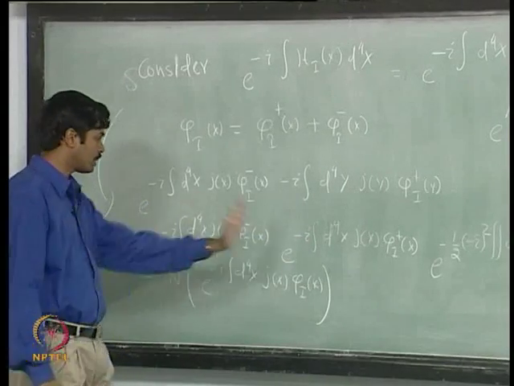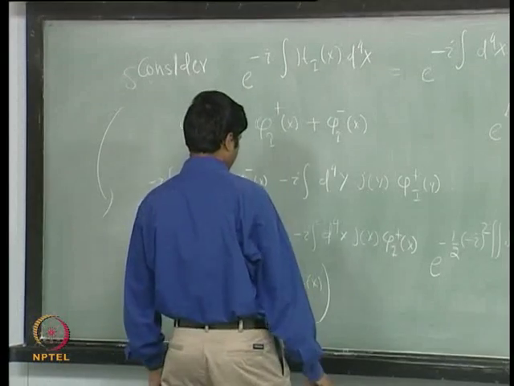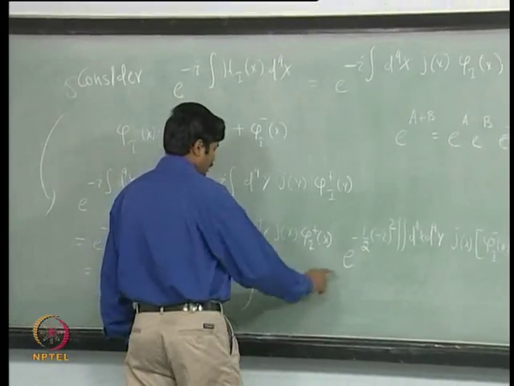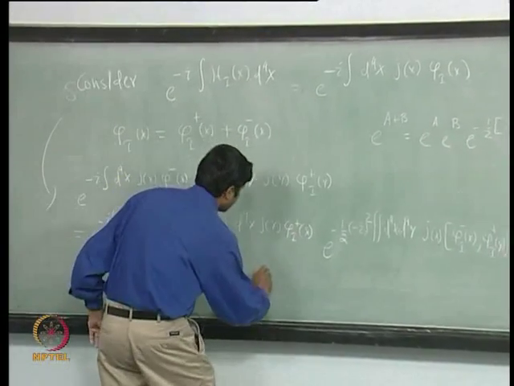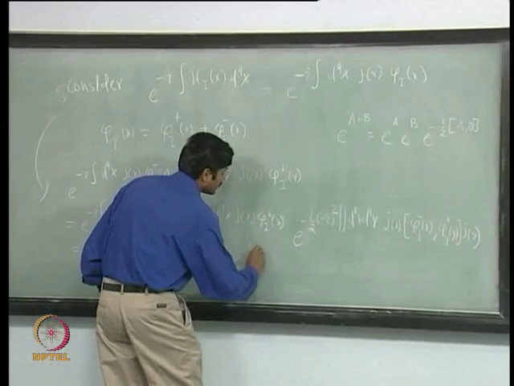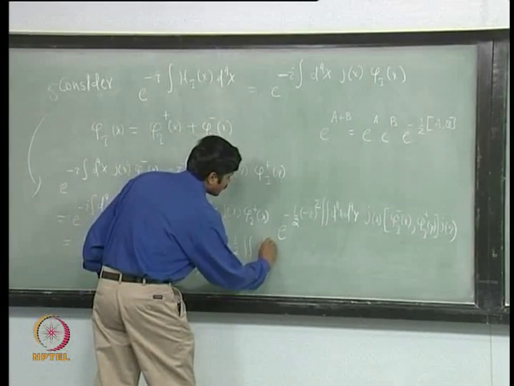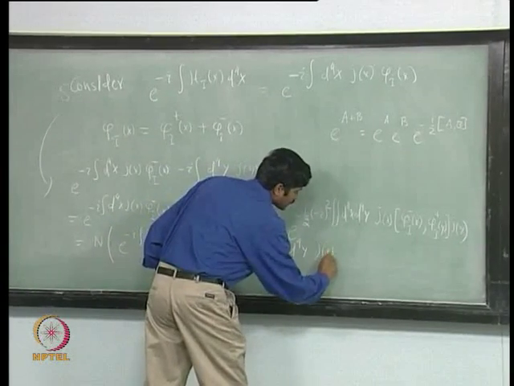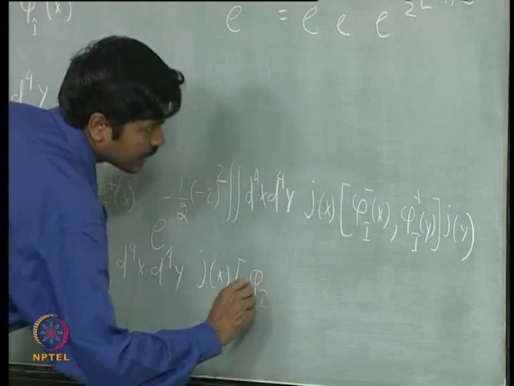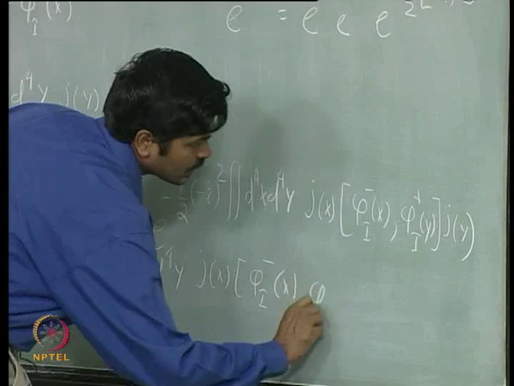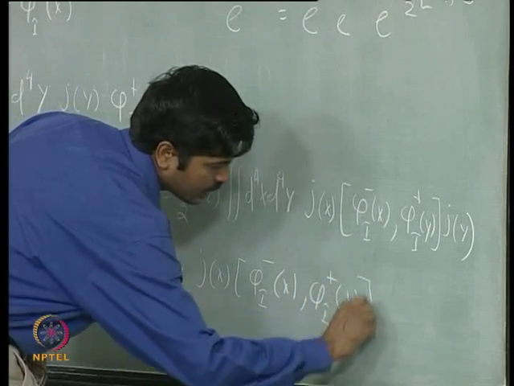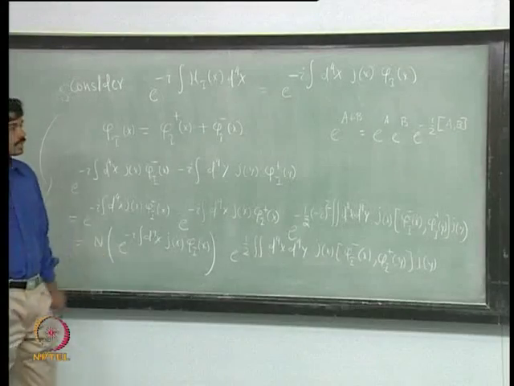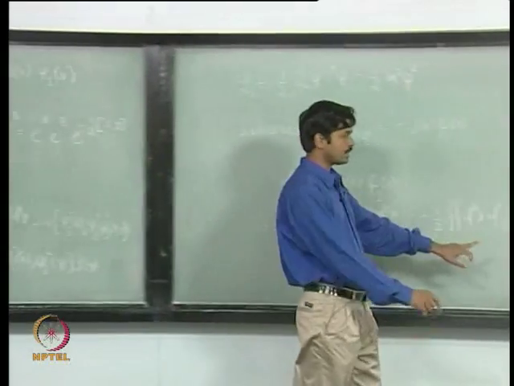All the creation operators will be there to the left of all the annihilation operators. So, therefore, the expression here is now e to the power half integral d4x d4y j of x commutator of phi_I minus x, phi_I plus y, j of y. All right. So, this is what I got for the first term in this expression.